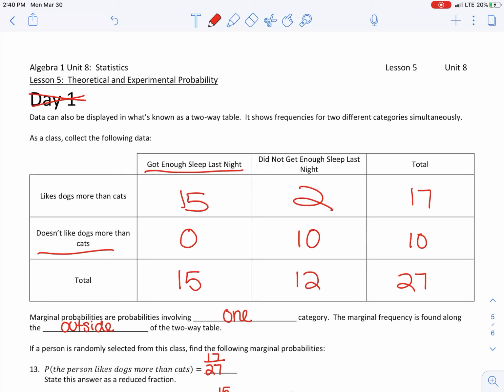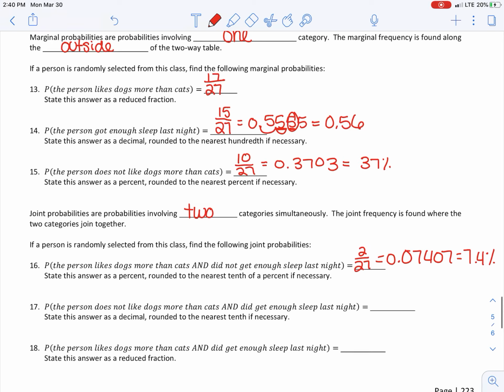So we follow this down and we follow this over and they meet here at 0. So 0 out of 27 people is our probability, and it says state your answer as a decimal. Well, 0 divided by 27 is just 0.